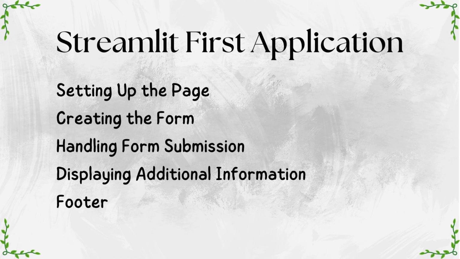We start on the first application by setting up the page, creating the form, and handling form submission to capture user inputs. After that, additional information is displayed based on the submission, followed by a footer to complete the app layout.